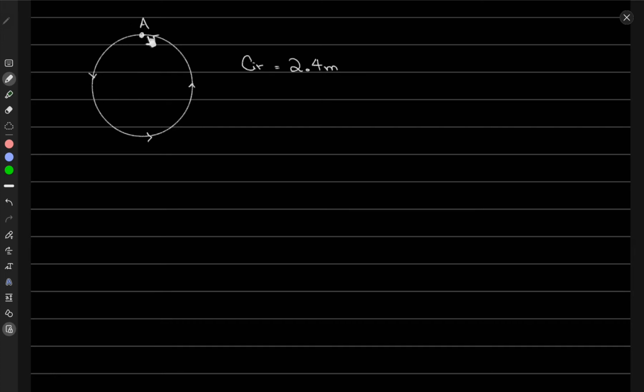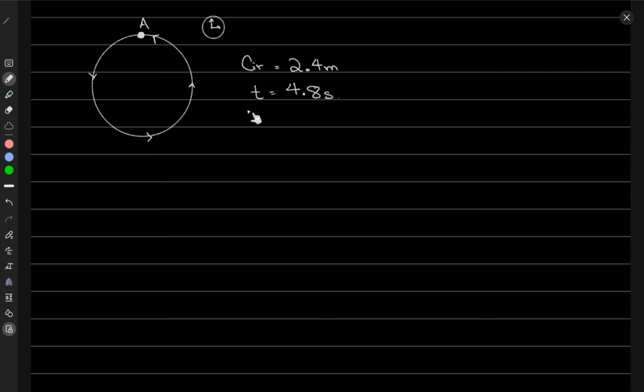Now the train starts at this point A and you take a stopwatch and you start timing this motion of the train. Suppose that it covers this distance of 2.4 meters, so it goes around the circle one time completely in 4.8 seconds. So you have timed it to be 4.8 seconds.